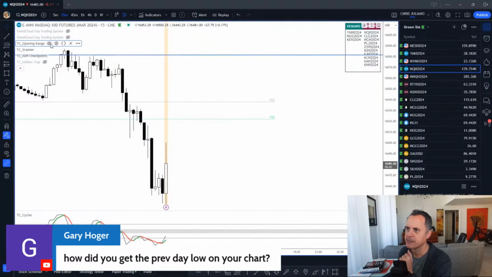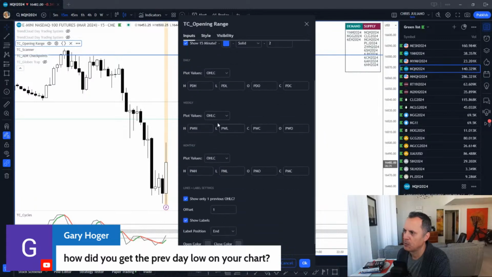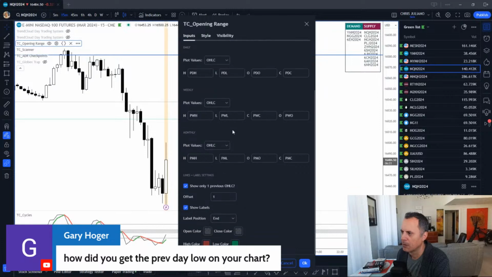If it doesn't, go to that little gearbox and you'll see right in here, daily open, high, low, close. Make sure that is on. Weekly open, high, low, close. And monthly open, high, low, close. Okay, if you have all of those on, then it's going to populate those on your chart.